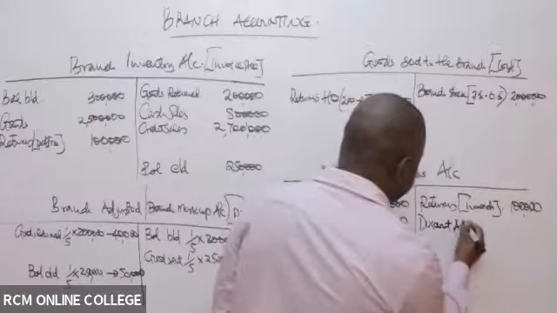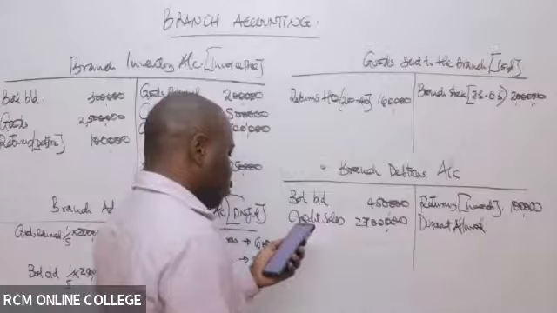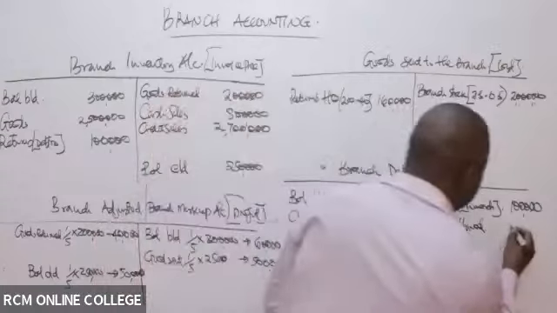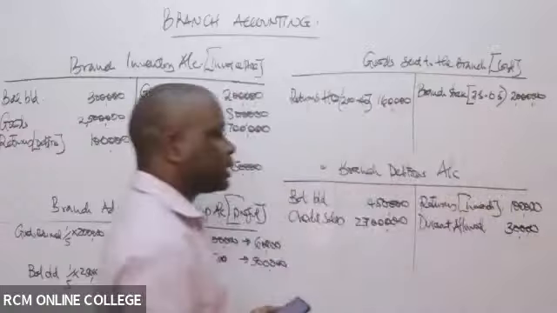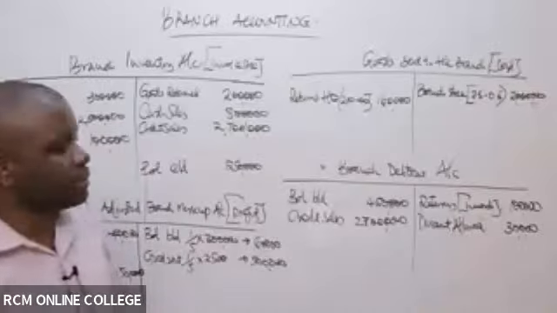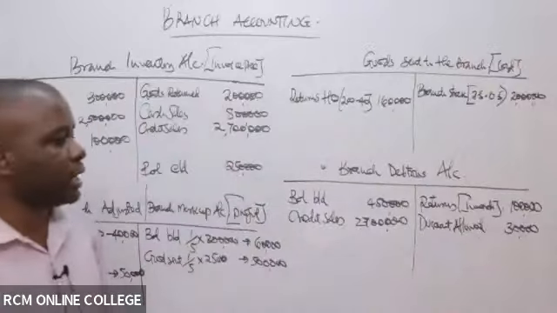And the discount allowed here was how much? 30,000. But remember, the discount allowed will be expensed in the P&L or the income statement. So when you prepare the income statement, you debit this 30,000. So that's why the double entry will be completed.